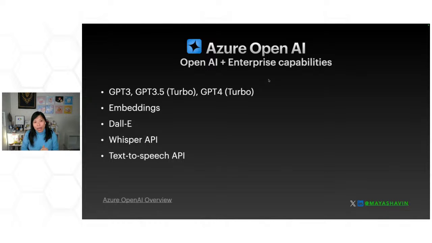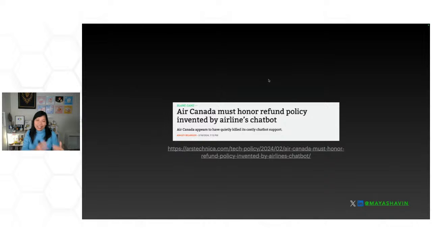It also has an embeddings model, which is very important for building embeddings for smart search. Then DALL-E, Whisper, and text-to-speech. The last three are only in preview at the moment, but they're good for later if you want extra capabilities like image generation or converting speech to text and feeding it to the document system.